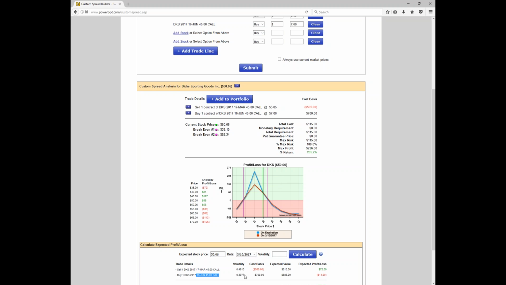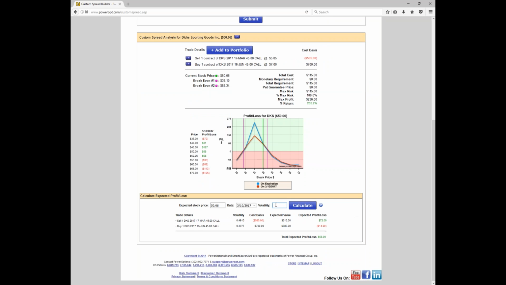If the implied volatility goes to 0.20 for both options, my return is going to be much less. You can simulate that here using the tool. So let's set our implied volatility at 0.20. If there is a volatility crush and the stock was trading at $45, that means that our June option is not going to be inflated as we want. We may only see a profit of $17 instead of the 205.